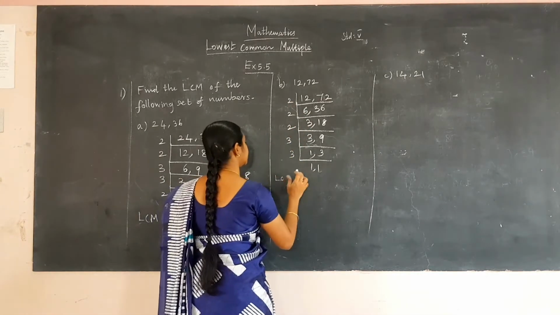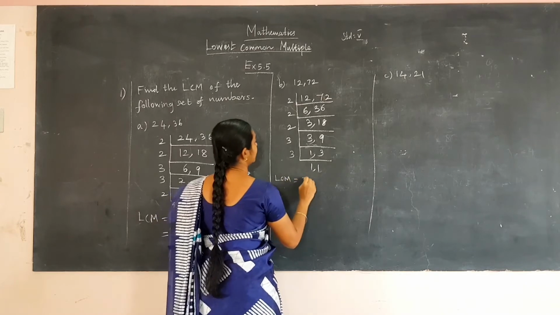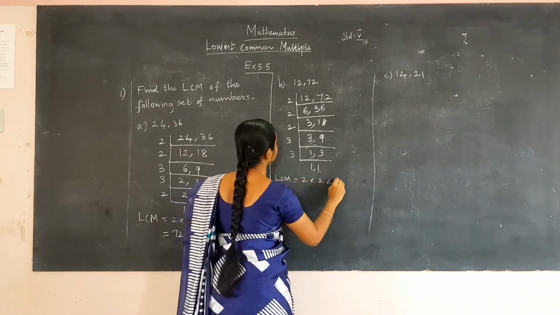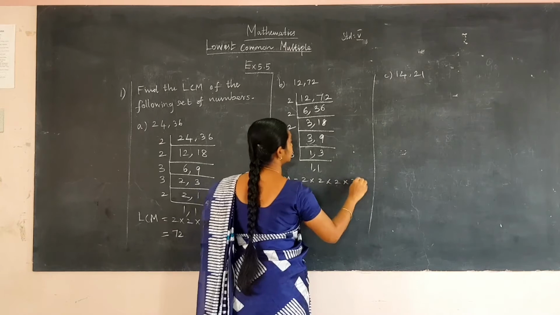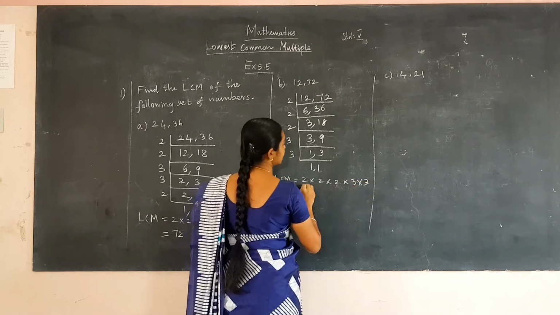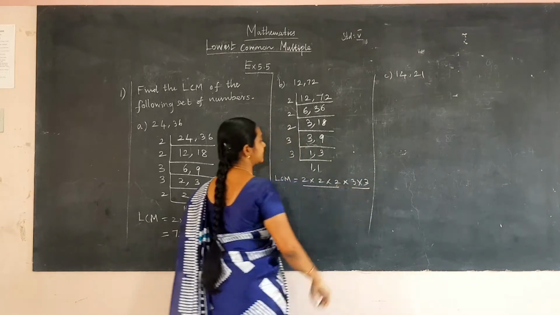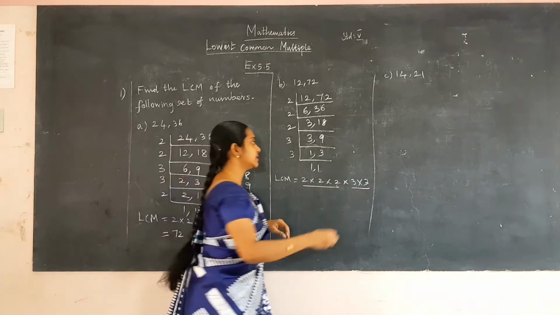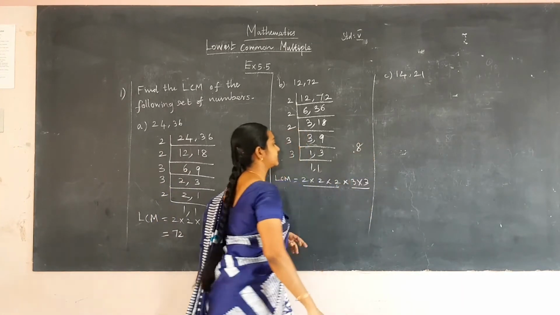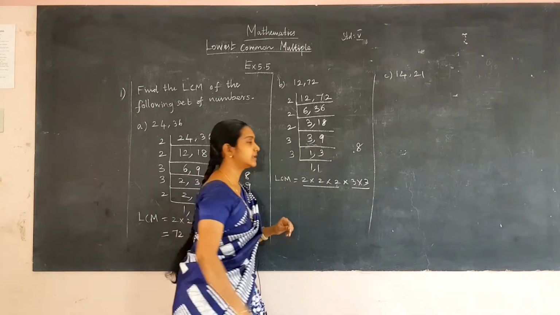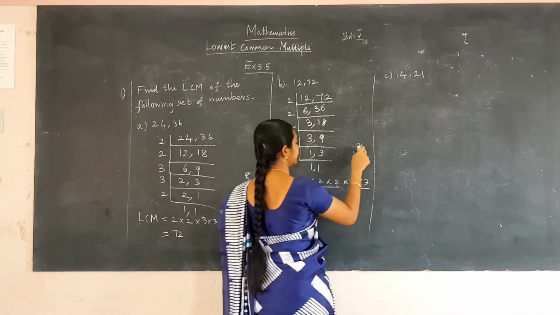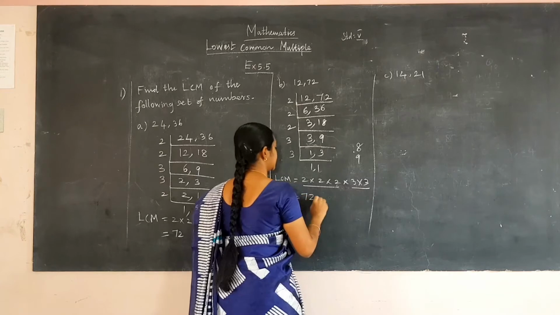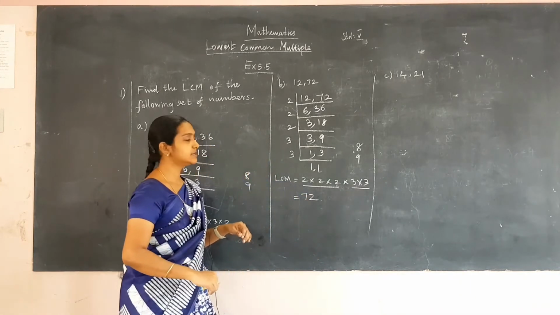LCM equal to 2 into 2 into 2 into 3 into 3. First multiply 3 separately and 2 separately. 2 into 2 is 4, 4 into 2 is 8. Keep 8 here. 3 into 3 is 9. 9 8s are 72. Here also the LCM is 72.